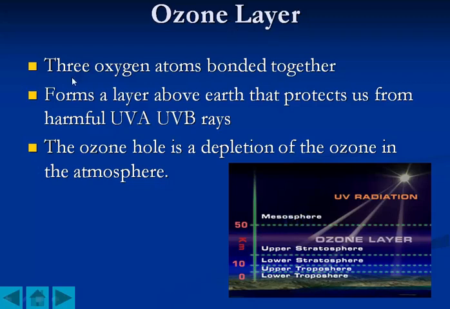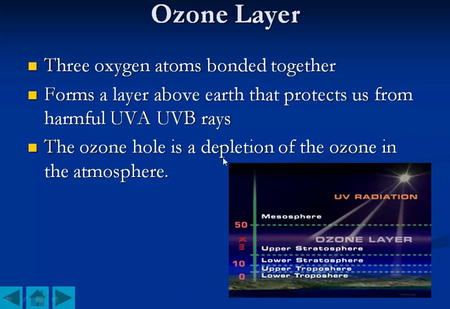Three oxygen atoms bonded together form ozone, which forms a layer above the Earth in the stratosphere that protects us from harmful UV light and UV rays. The ozone layer arrests UV radiation coming from the sun in the stratosphere only.